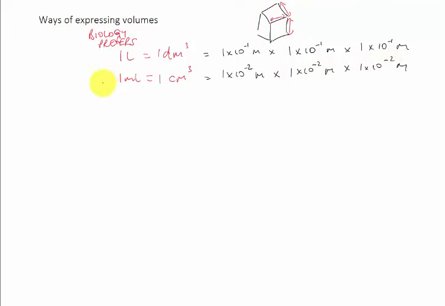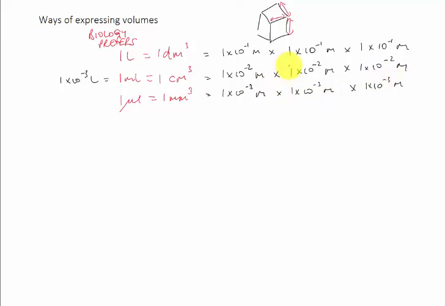Okay, and that gives us 1 milliliter, which is 1 times 10 to the minus 3 liters. And then the other main one that we're going to be talking about is the microliter, which is 1 millimeter cubed. So that's 1 times 10 to the minus 3 meters on each side.